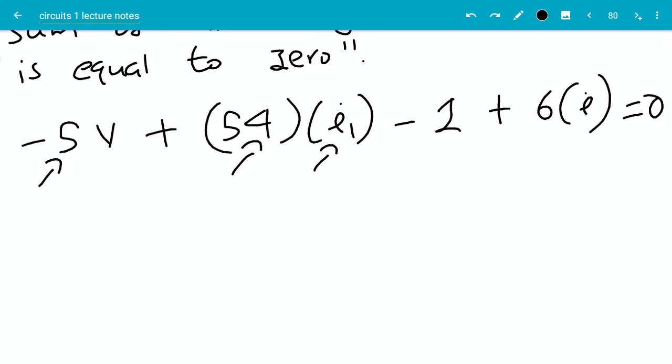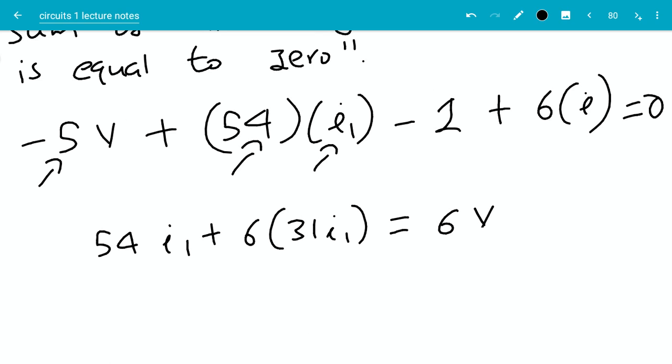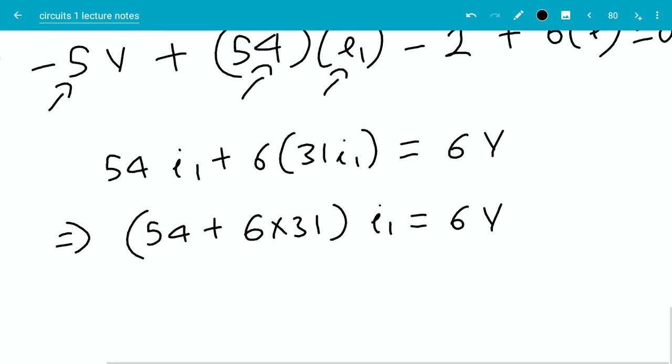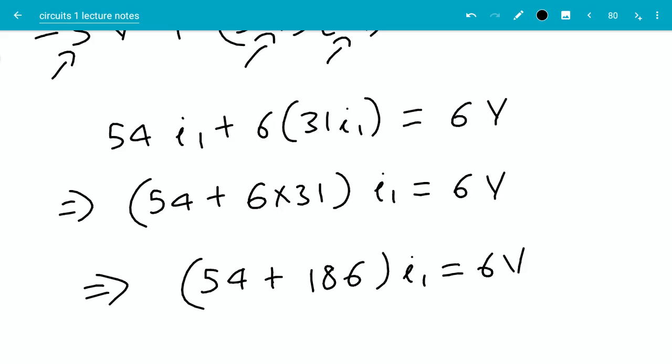I'm going to simplify this equation here. So this should be equal to 54 I1 plus 6 times 31 I1, because I is equal to 31 I1, and this should be equal to 6 volts. Factoring out I1, I get this equation. Multiplying 6 times 31, I get this.